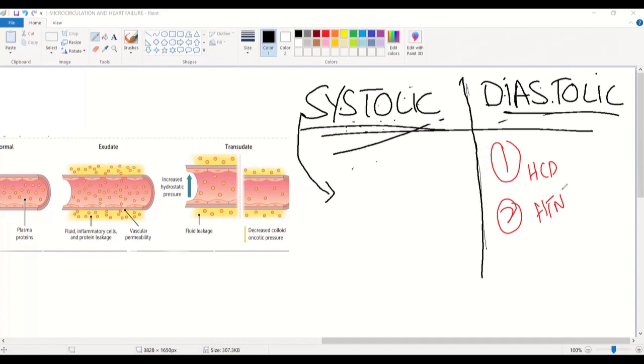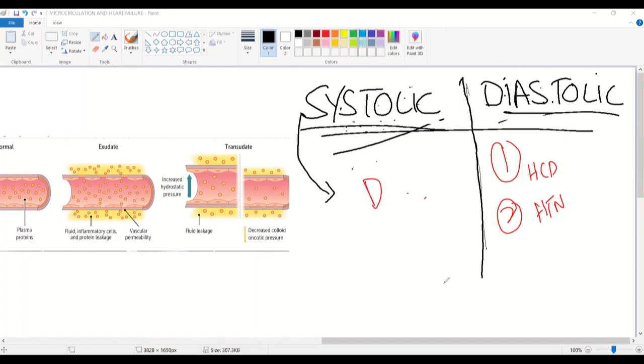What about the causes of systolic heart failure? Dilated cardiomyopathy. Volume overload. Congestive heart failure. Yes.